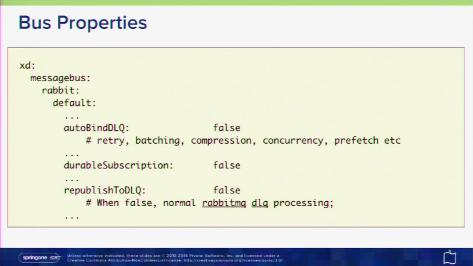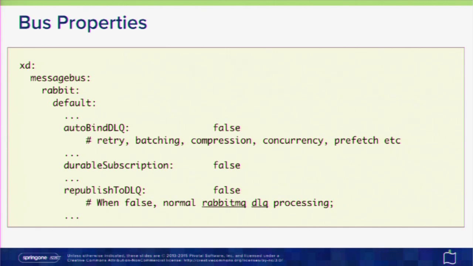So we're simulating that environment in XD with this durable subscription notion, where by default it's false, which means that the queue created for a tap is auto-delete. So when that consumer goes away, when we unbind that module, the queue is deleted by RabbitMQ. If you set durable subscription to true, then instead of creating an auto-delete queue, we create a fixed, non-auto-delete queue that will survive the module going down.